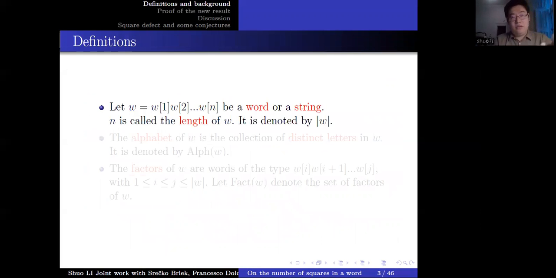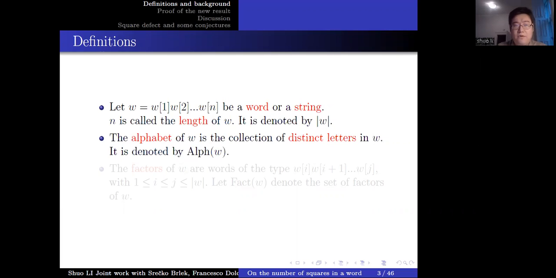Okay. So first of all, let me fix some definitions. By word, I mean a finite concatenation of letters, and a word is sometimes also called a string. The length of a word W is the total number of letters appearing in this word. For a given word W, its alphabet is defined as the collection of all its distinct letters appearing in this word.